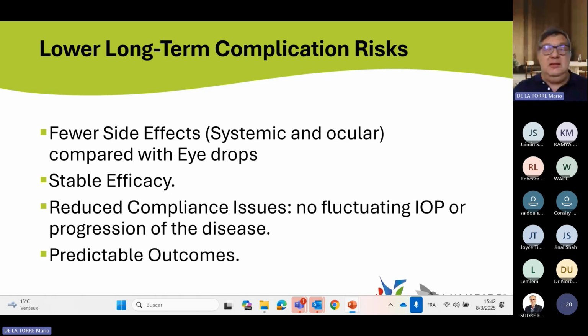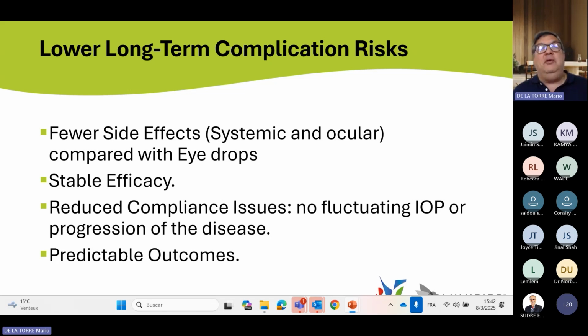Then I notice that it is finished quickly. That's the kind of history we hear. Oh no, I use one drop in one eye and the other day in the other eye because the cost is very high. But laser is one shot, or I mean one session, and then we don't need to repeat it.